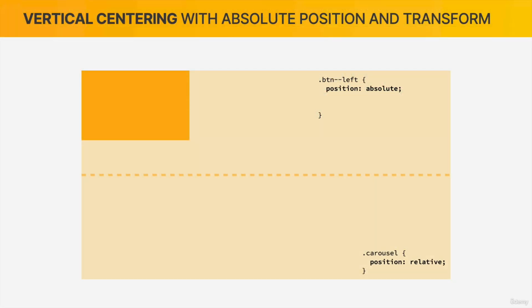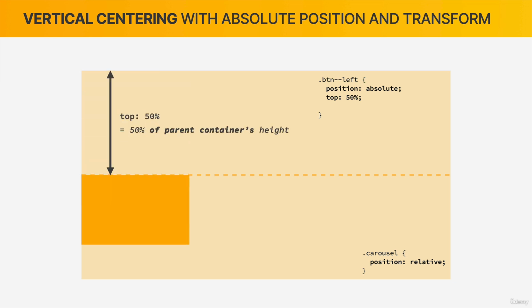So this is our starting position, where we have the carousel with the position set to relative and the button left with the position set to absolute, right? And so now, as we just did, we set the position to 50%. What that does is to move this element by exactly 50% of the parent container's height.